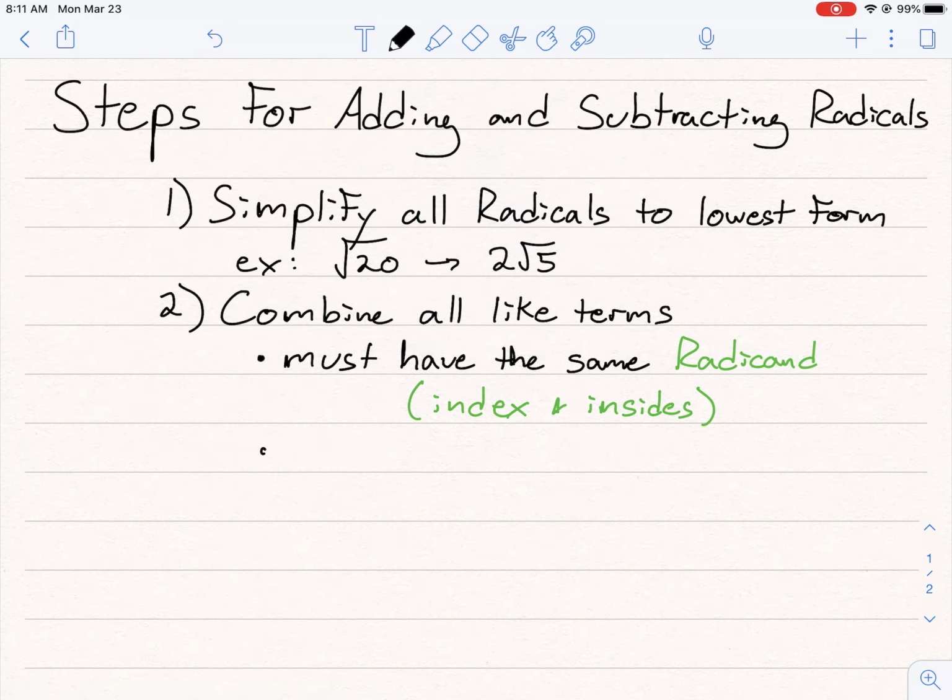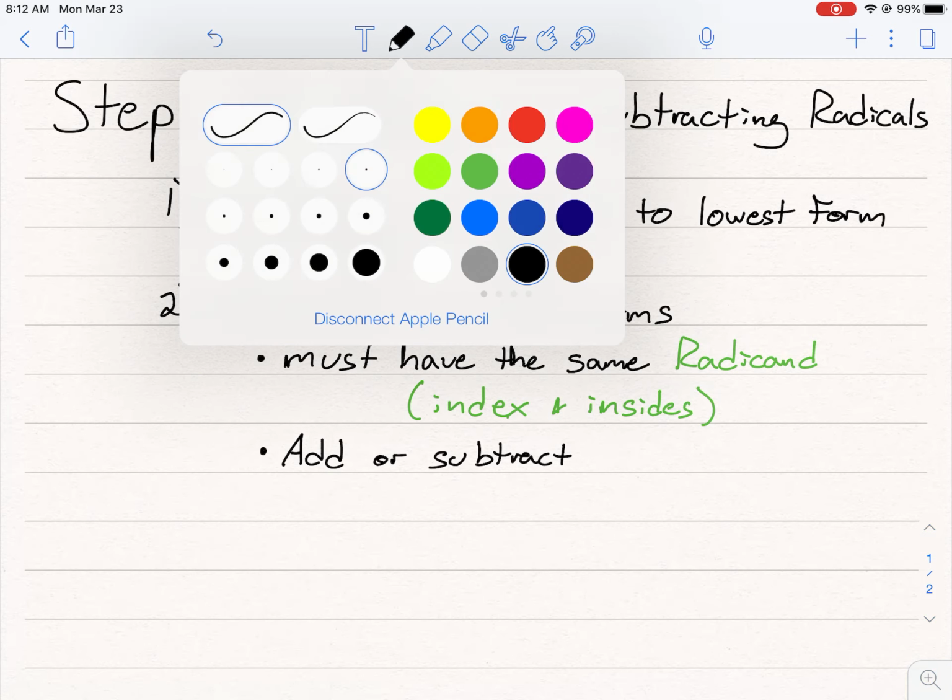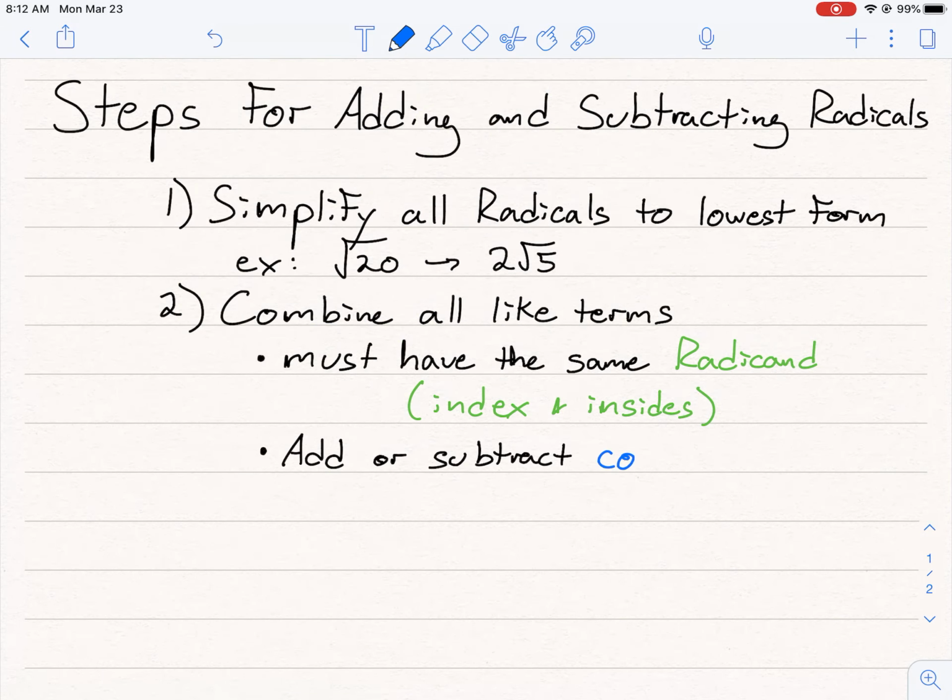So it must have the same radicand, and you add or subtract coefficients. And I'm going to do that in blue. And the coefficients, that's the outsides.